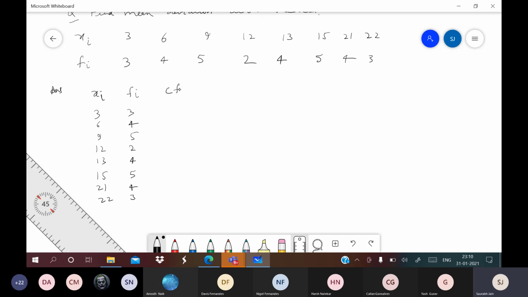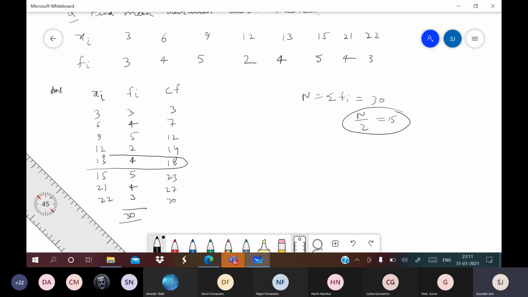So cumulative frequency is 3, 7, 12, 14, 18, 23, 27, 30. Sigma fi is 30 only. Now n is sigma fi, which is 30. So n by 2 is 15. So the cumulative frequency just greater than 15 is this. So what is the median? Median is 13, right?